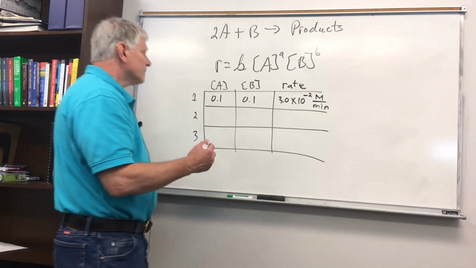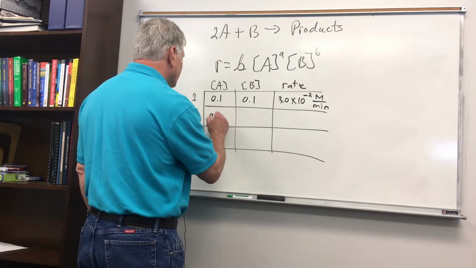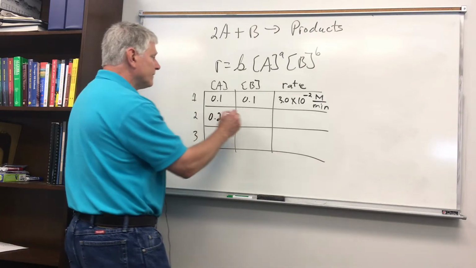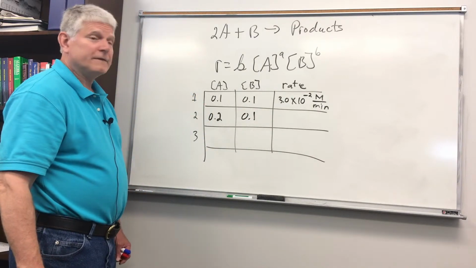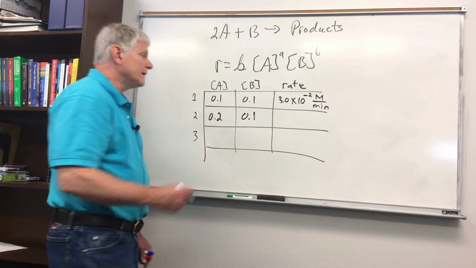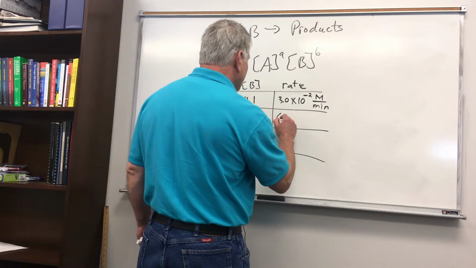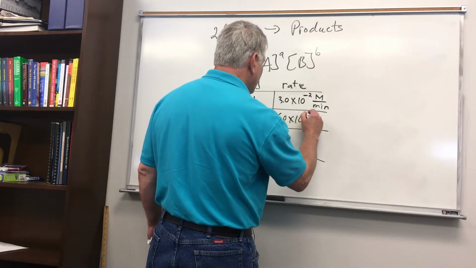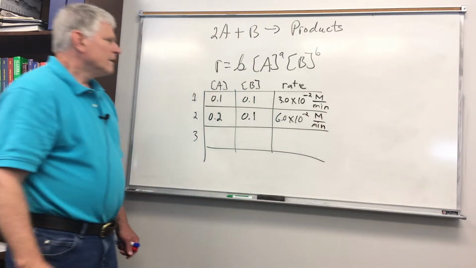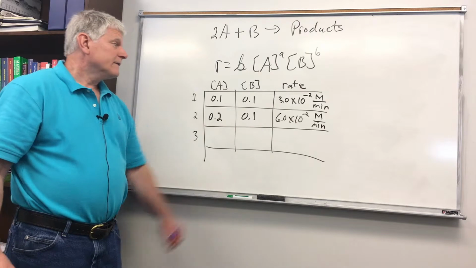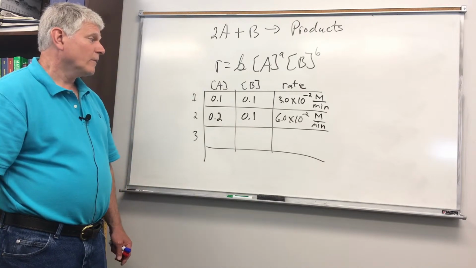And then we do another experiment where we say double the concentration of A, but we'll keep the concentration of B the same. And then we measure the rate. And say we measure the rate at 6 times 10 to the minus 2 molar per minute.